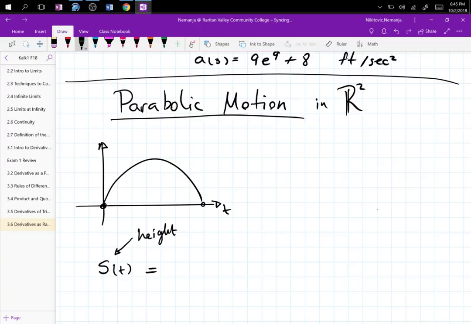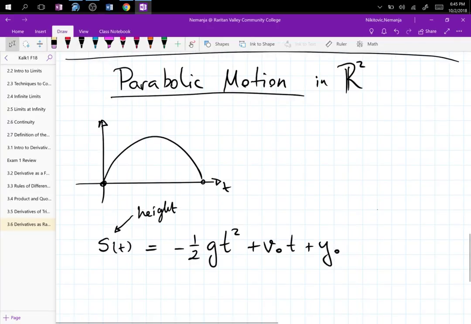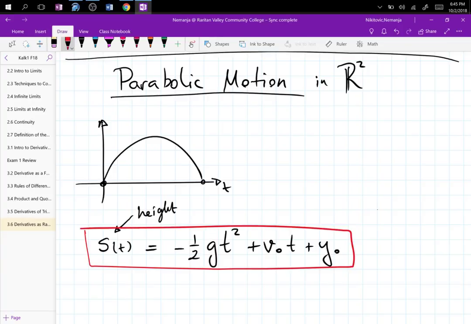So S of t, or how high the object is, S of t is going to be -1/2 g t squared plus v0 t plus y0. So this is our initial equation. Now you have to take this equation as granted right now, and then in chapter 5 we'll derive it.